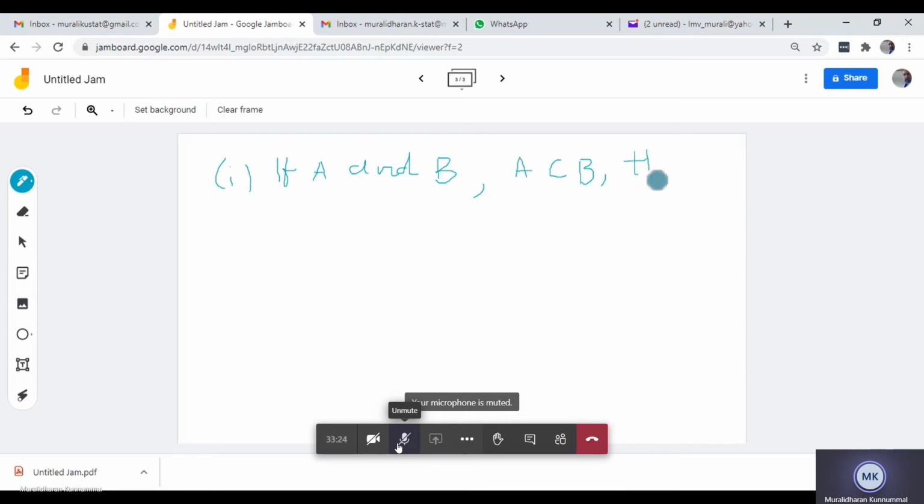What will be the probability of A? Then P of A will always be less than or equal to the probability of B. So if A is a subset of B, then the probability of A will always be less than or equal to that of B.